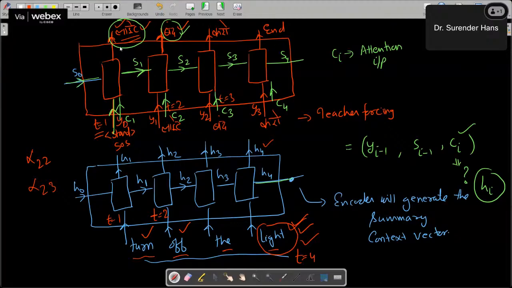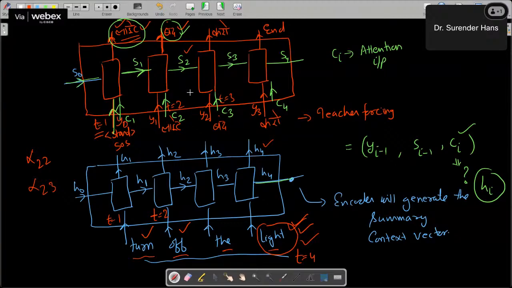What we want is, based on the translation that has been done so far, to print this word at the next time step.